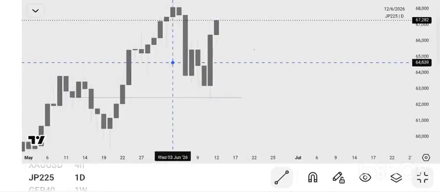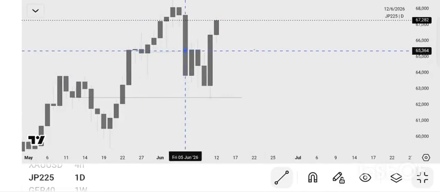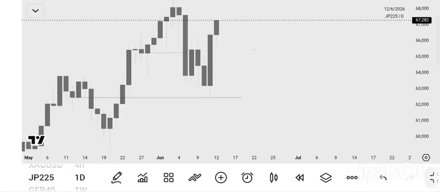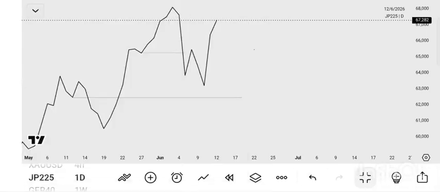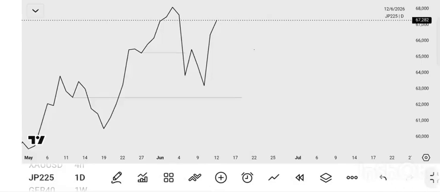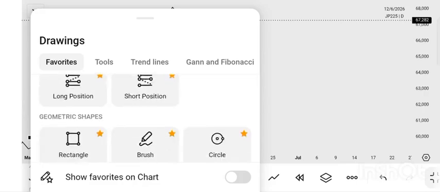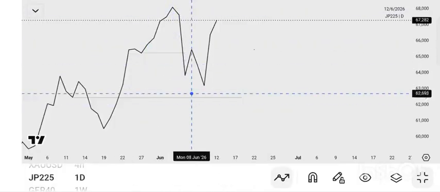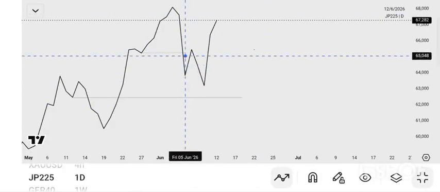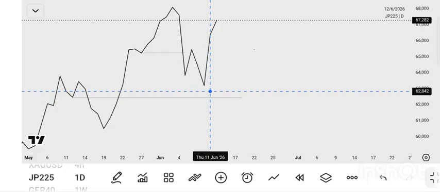The most recent breakout on daily was bearish. You can see it, bearish. Price went and broke structure to the downside. Price was bearish. All right, so go to the 4 hours as well.